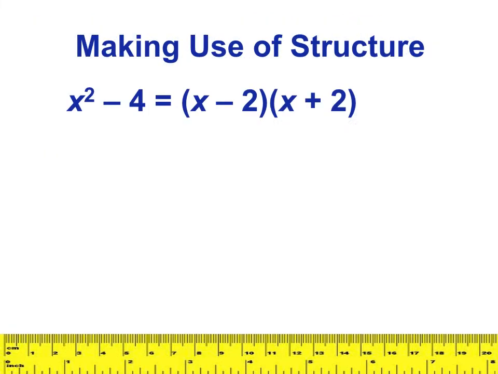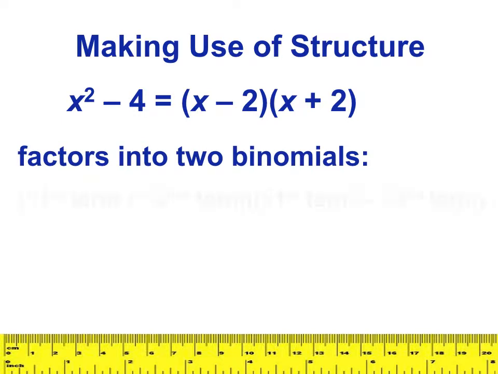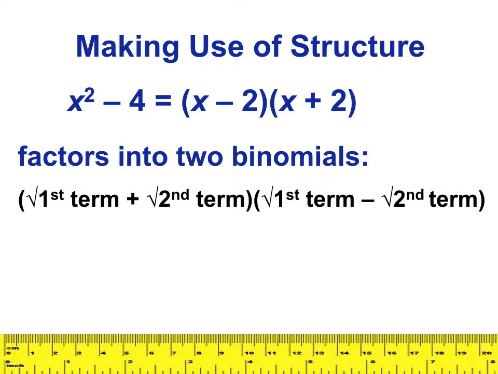And so whenever you have an expression like that, it factors very nicely into the square root of the first term minus the square root of the second term times square root of first term plus square root of second term. And you can have your plus and your minus in either order.